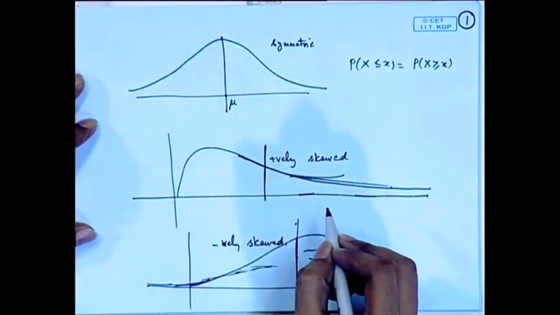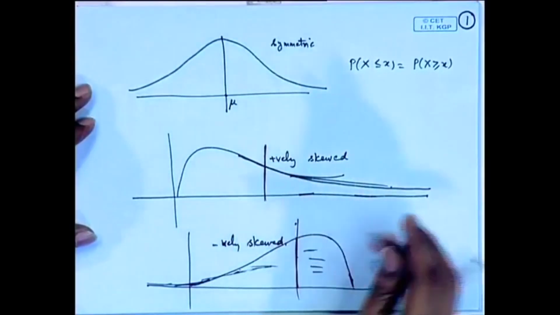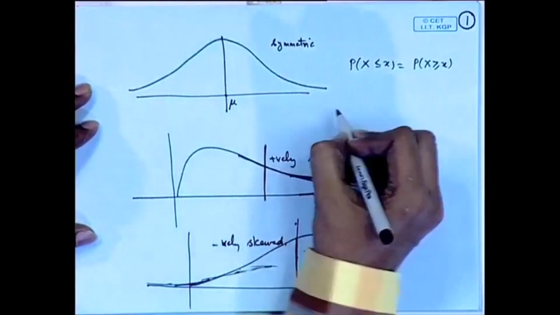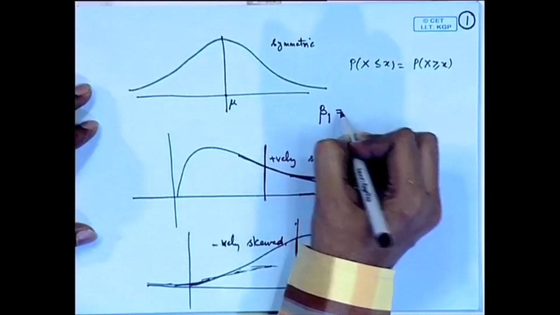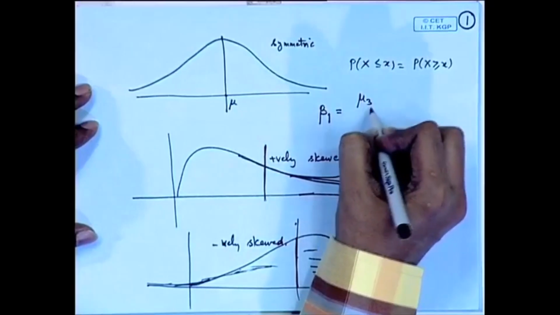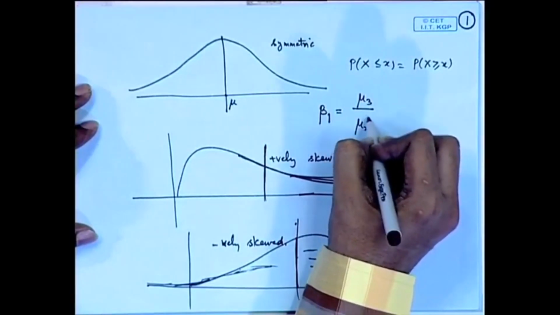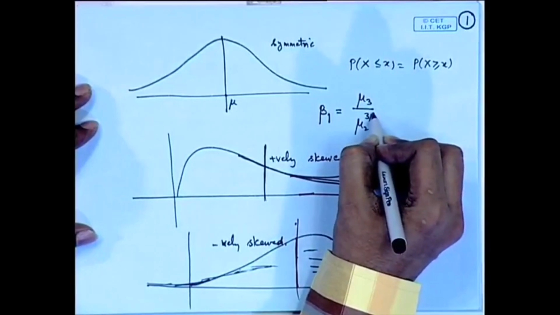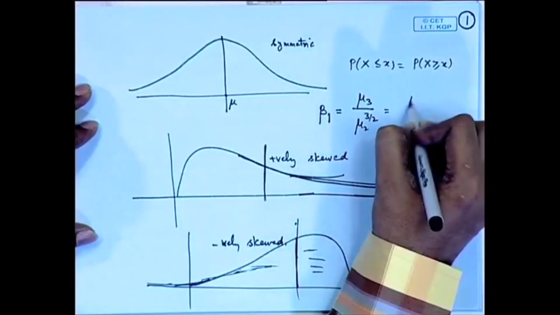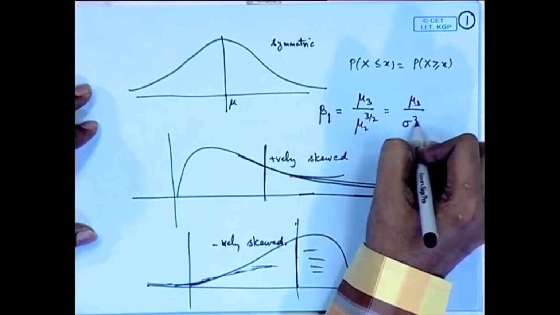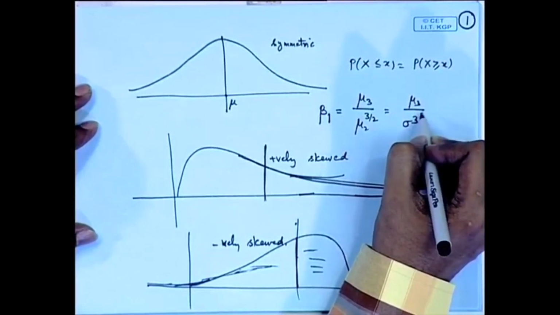A measure for this can be defined in terms of, say, let me call it beta 1, that is equal to mu 3 divided by mu 2 to the power 3 by 2. We are considering this division by mu 2 to the power 3 by 2, that is sigma cube, where sigma denotes the standard deviation of a distribution.